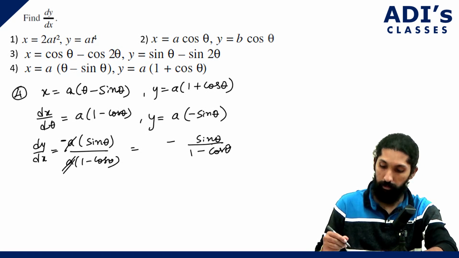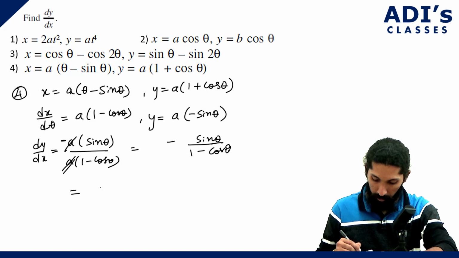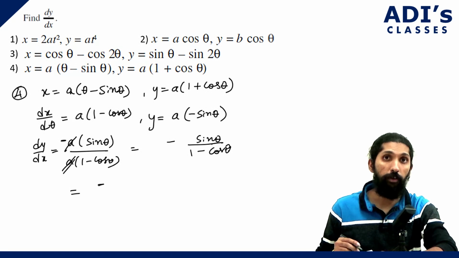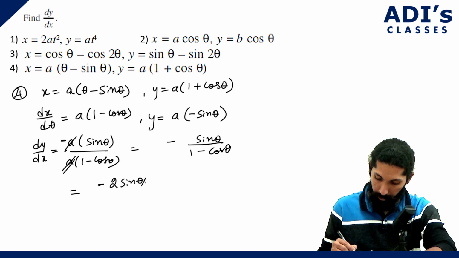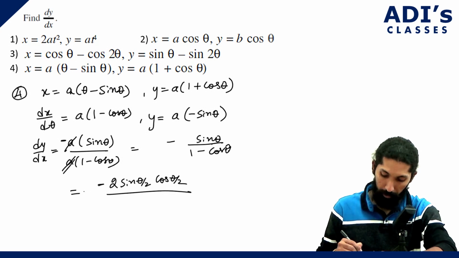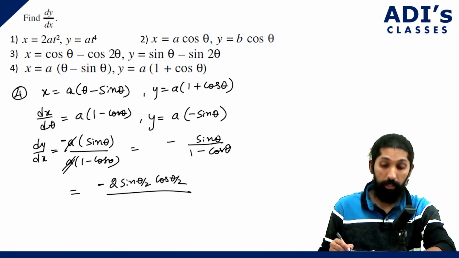Correct? Now, sin theta, you can write this as half angle. So, what you can do? You can write 2 sin theta by 2 cos theta by 2 divided by 1 minus cos theta.